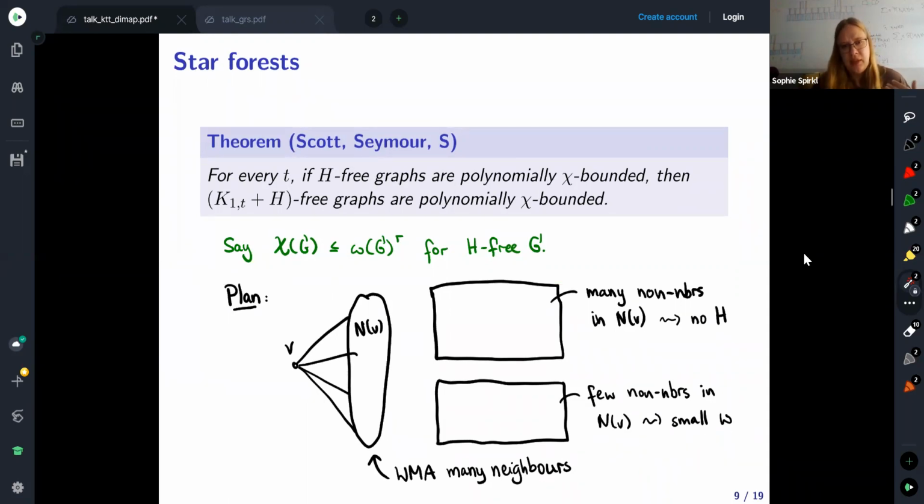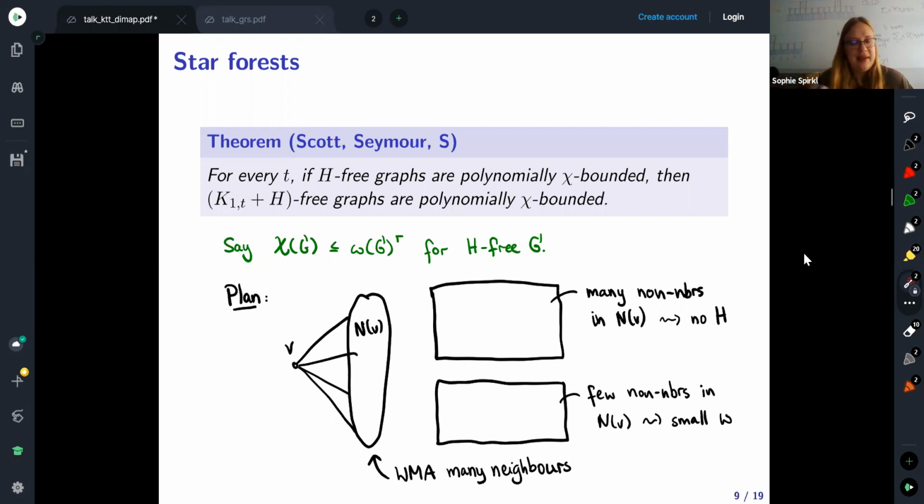So the proof for a disjoint union of stars, which I'll tell you first, is actually a bit stronger. It tells you that if you have any graph H and you take the disjoint union with a star, then if H-free graphs are polynomially chi-bounded, so are graphs that are the disjoint union of H and a star free.